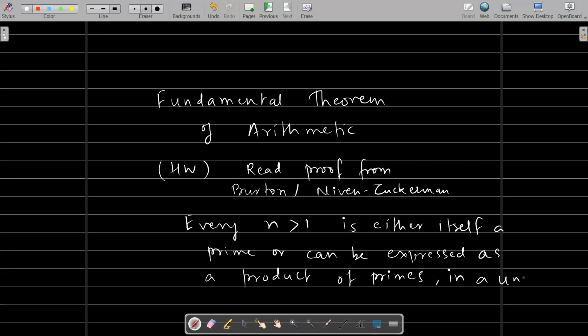That's more important, in a unique way. I'll just give some examples which you must have already learned in your earlier levels of school.